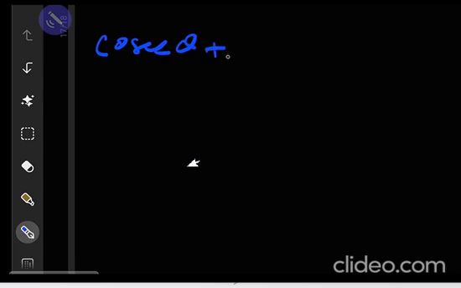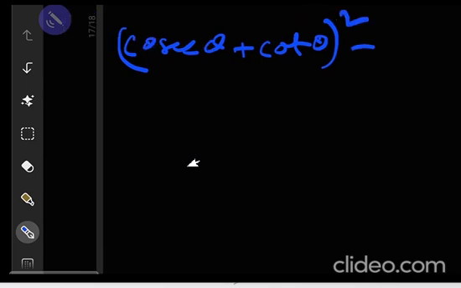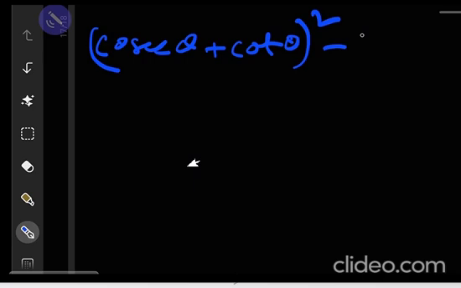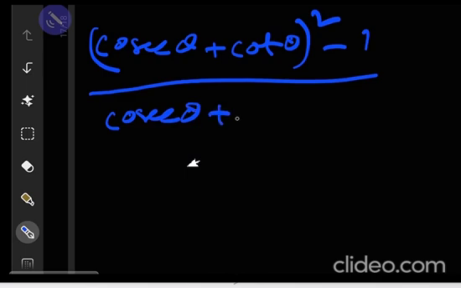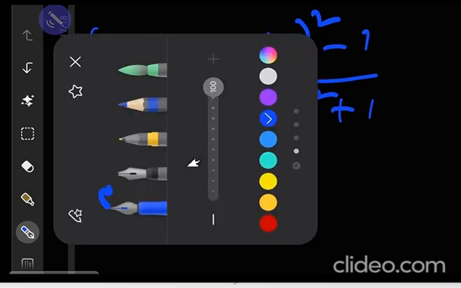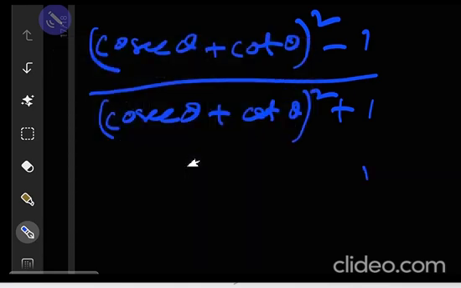Cosecant theta plus cot theta whole square minus 1, divided by cosecant theta plus cot theta whole square plus 1, right? Now expand this one. This is in the form of a plus b whole square.